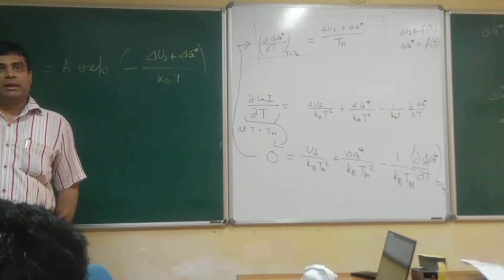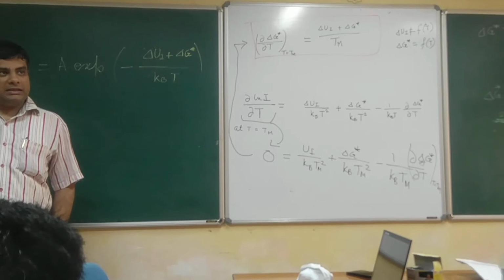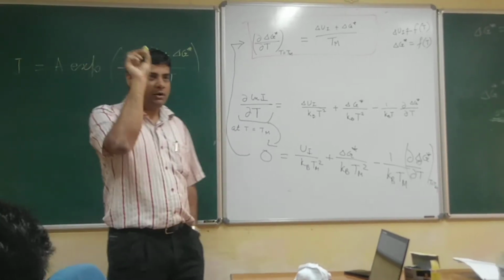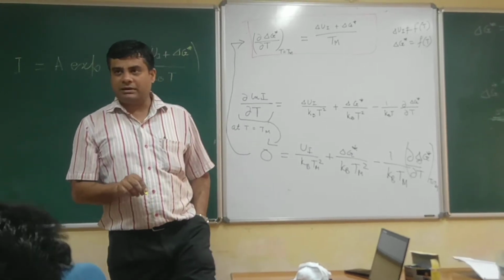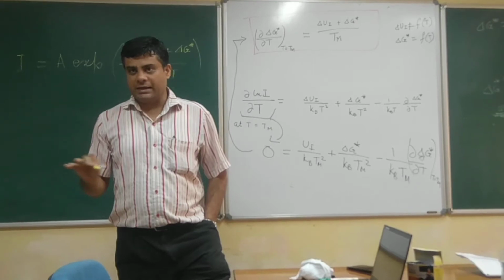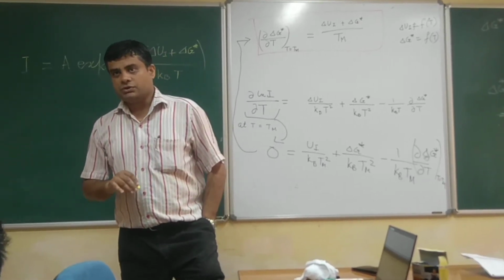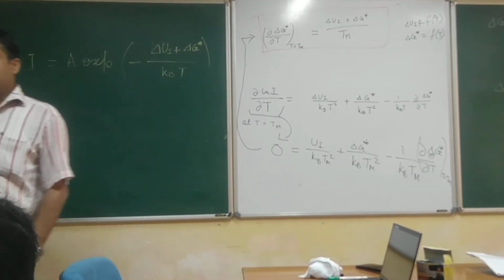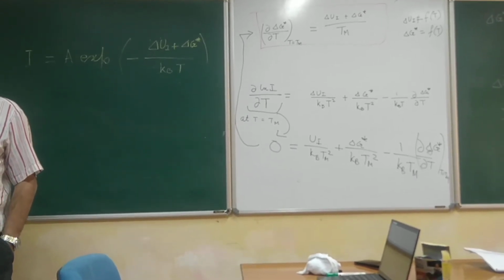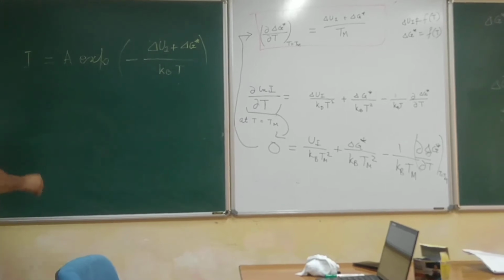Now in the TTT diagram, on the y-axis we draw temperature, and the x-axis is time in log scale. Instead of that, if we draw the reciprocal of temperature on the y-axis, the curve will look like this.